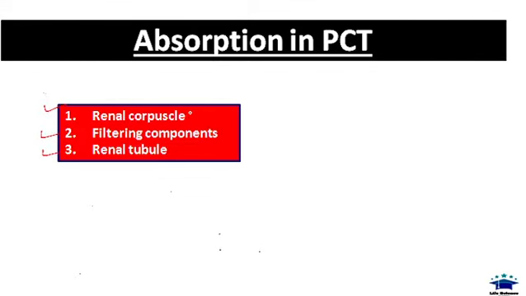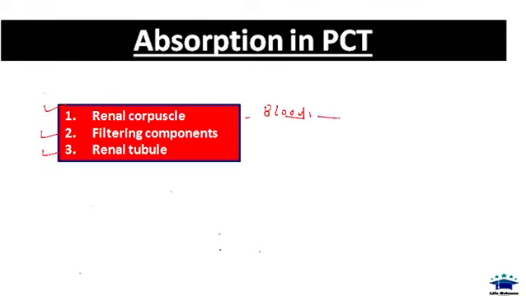What does the renal corpuscle do? In the renal corpuscle, the blood is filtered to create filtrate.